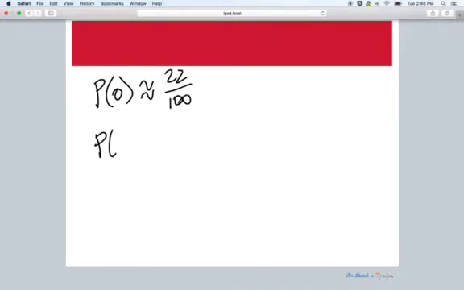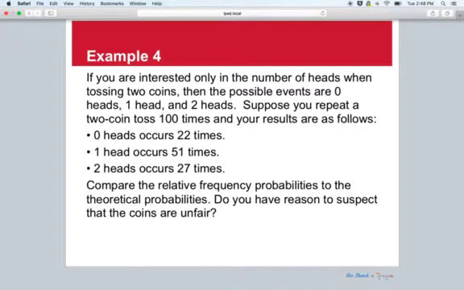The probability of getting one head in our experiment was approximately 51 out of 100, and the probability of getting two heads was approximately 27 out of 100.